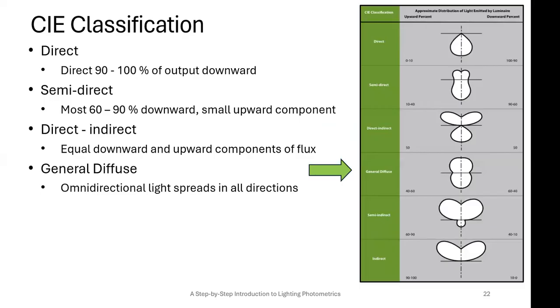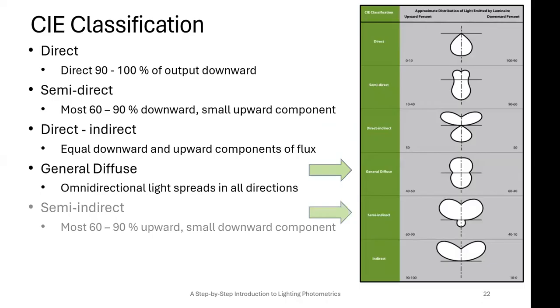So this is an official category. And then semi-indirect, 60 to 90% upward. Very popular. Some of the later LED luminaires that are suspended will send about 60% up and 40% down. It provides very comfortable, high quality light.